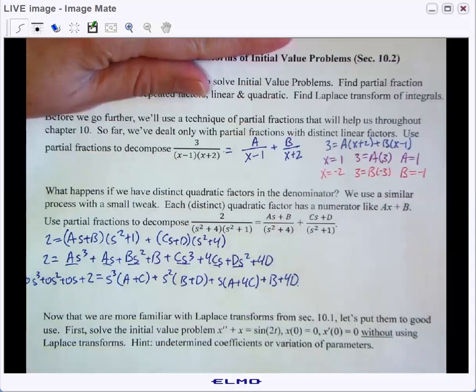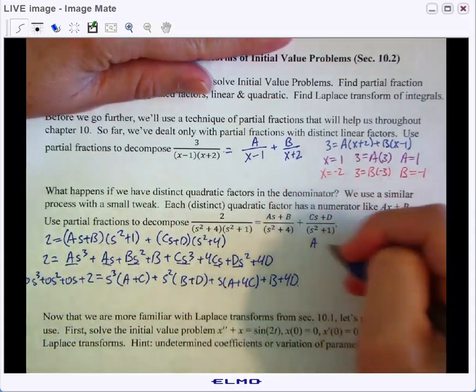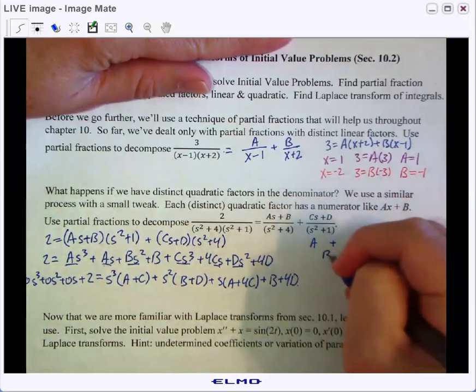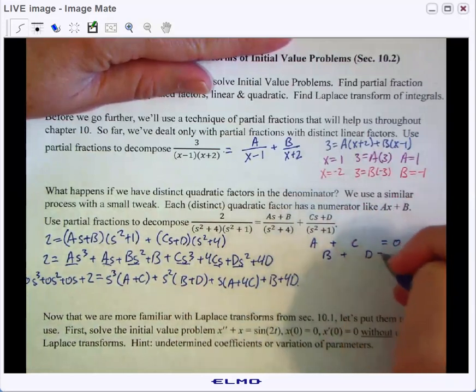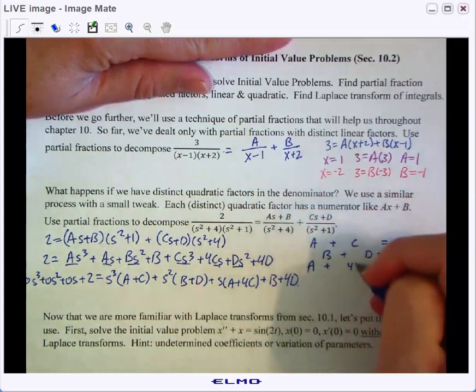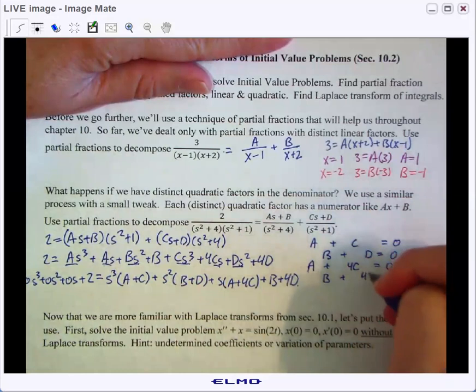Okay. So that sets up for us a system that A plus C equals 0, B plus D equals 0, A plus 4C equals 0, and B plus 4D equals 2.